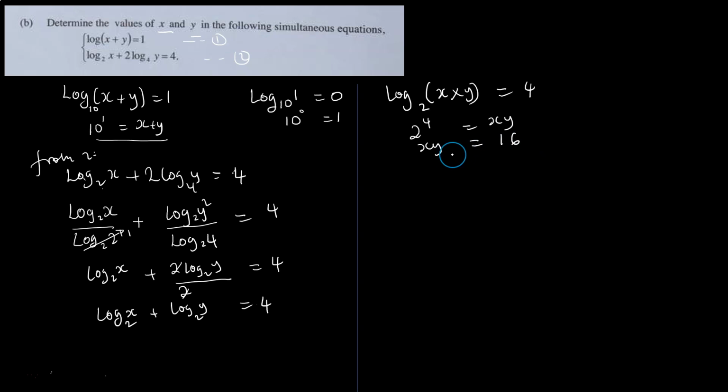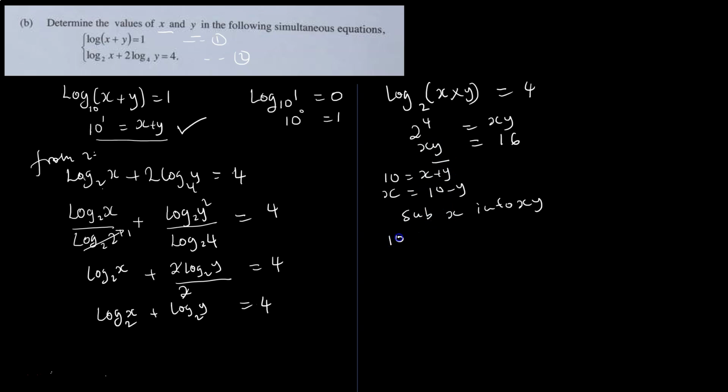Okay, so now I've got this part, and I had my earlier part, this one here: 10 equals x plus y. I can say therefore x is equal to 10 minus y. Then I substitute x into xy.